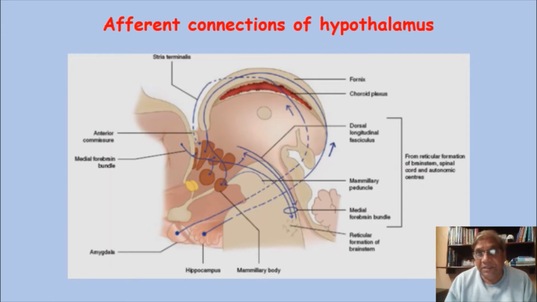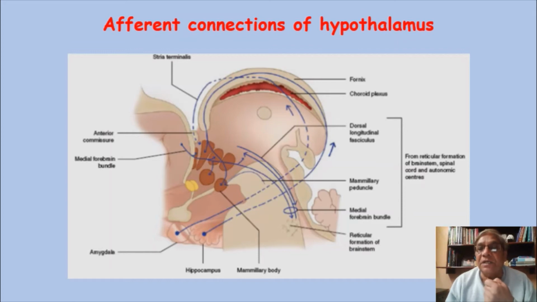That means definitely these are sensory impulses from the viscera, through the ascending tracts, from the dorsal root ganglion to the dorsal horn cell, and then they ascend. That is the sympathetic and parasympathetic part of these sensory impulses coming from the spinal cord.